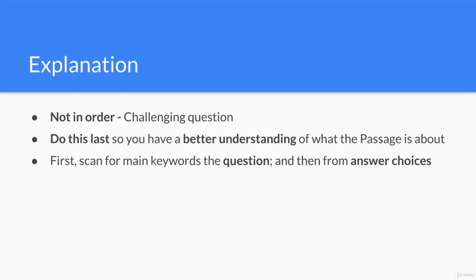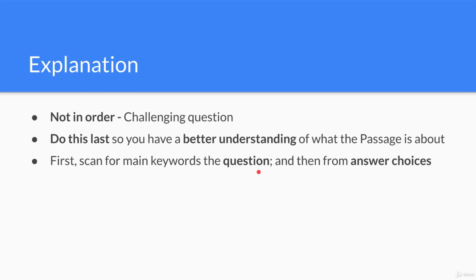Once you have located that area in which you think it's going to talk about the specific information that you're looking for, after that, you should start to search for the keywords from the answer choices. So first, you should search for the synonym language that talks about the specific information from the question.